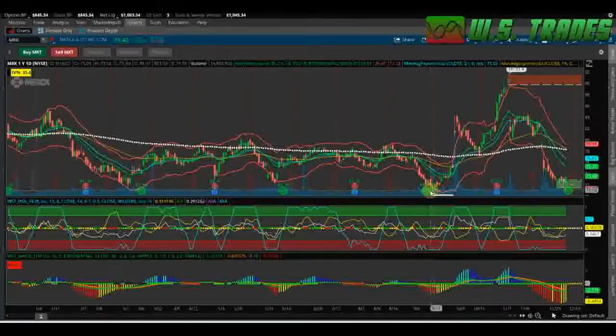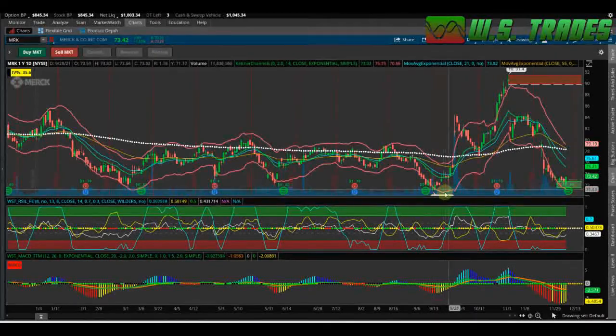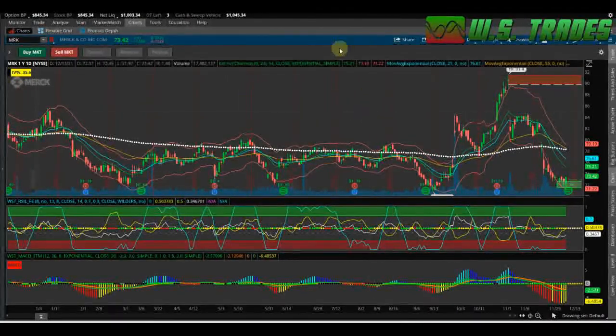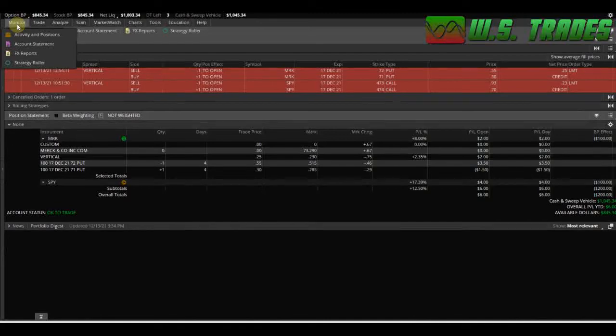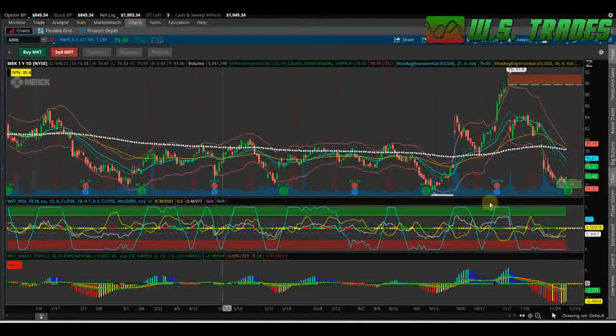They came and hit around 71 and then made a move higher. So I would have liked to have my short at that, but it just didn't make sense to risk that much for the reward. So I went up 1 more strike, and I got paid 25 for that vertical. So hopefully as long as Merck can finish above 72, then I'll go max profit on that.